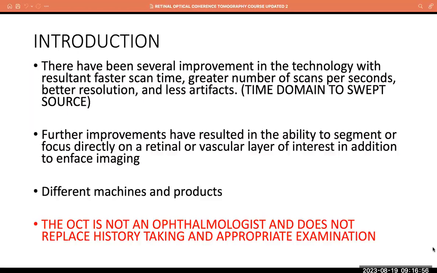So a note of caution is that the OCT is not an ophthalmologist. So it's not from OCT to history and examination. It's from history and examination. OCT is an investigative tool.